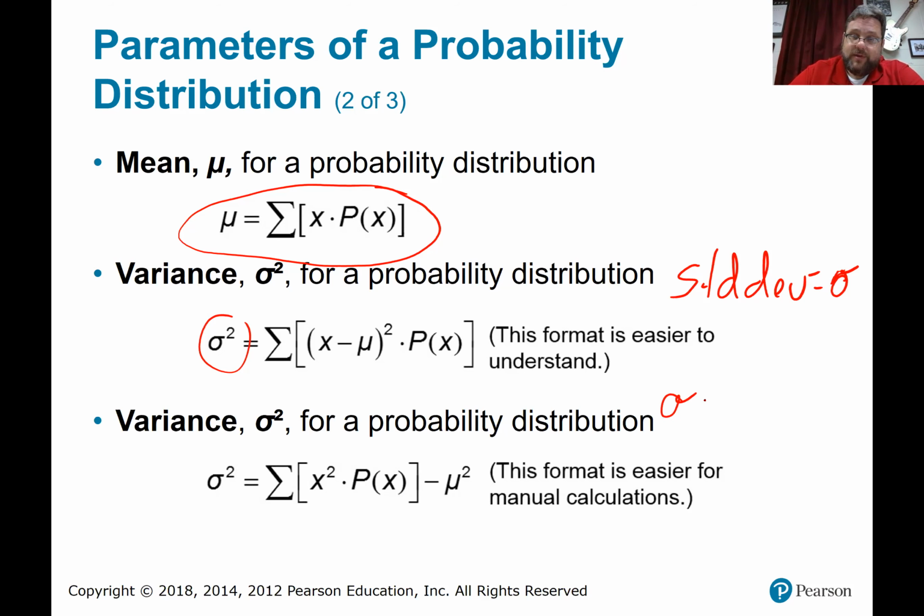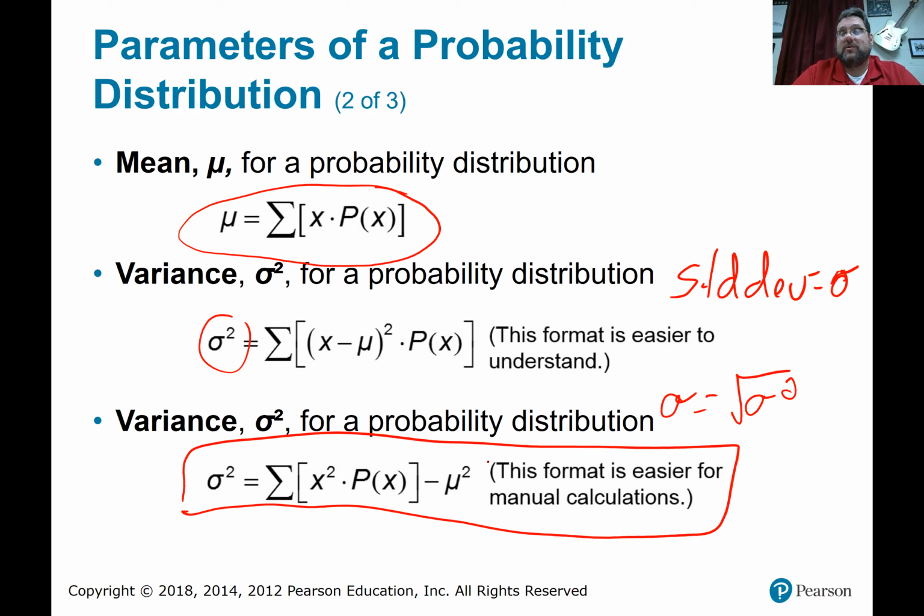And if we're doing this manually, we're usually going to use this second one here. Sigma squared equals the sum of x squared times p of x. We add all those together, and then we subtract mu squared. So really, we put these in parentheses, find this first, then subtract mu squared.